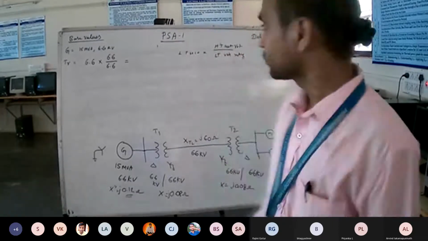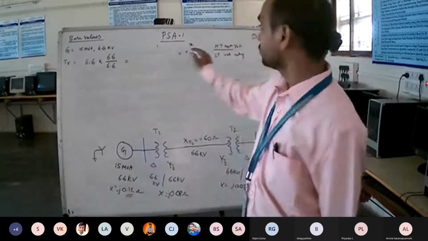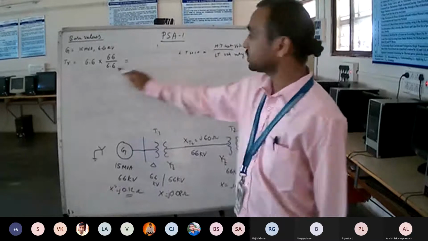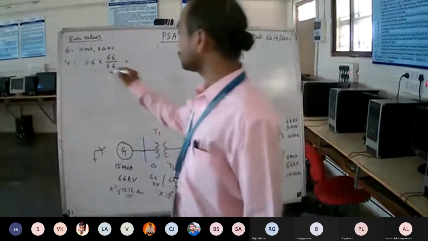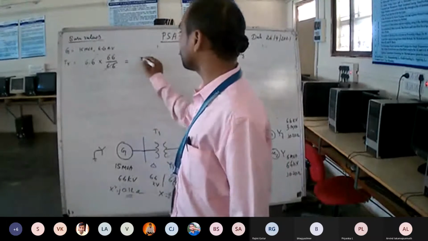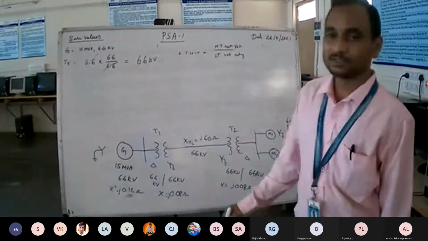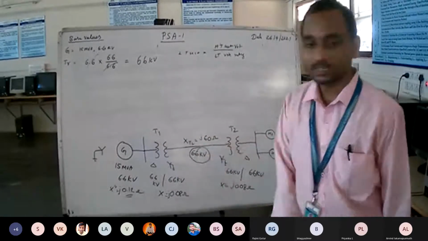Correct? The LT section rating is 6.6 kV, HT is 66 kV, and the LT voltage rating is again 6.6 kV. The 6.6 values cancel, and the remaining is 66 kV. So the base voltage of the transmission line will be 66 kV.